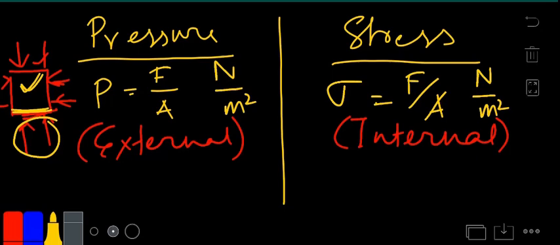Okay, so for this resistance, it has to apply an opposite and equal pressure, or an opposite and equal force, so that it can resist. So that is why stress is nothing but internal resistive force over internal resistive area, but pressure is primarily an external phenomenon. Okay, so this is basically the difference between pressure and stress.